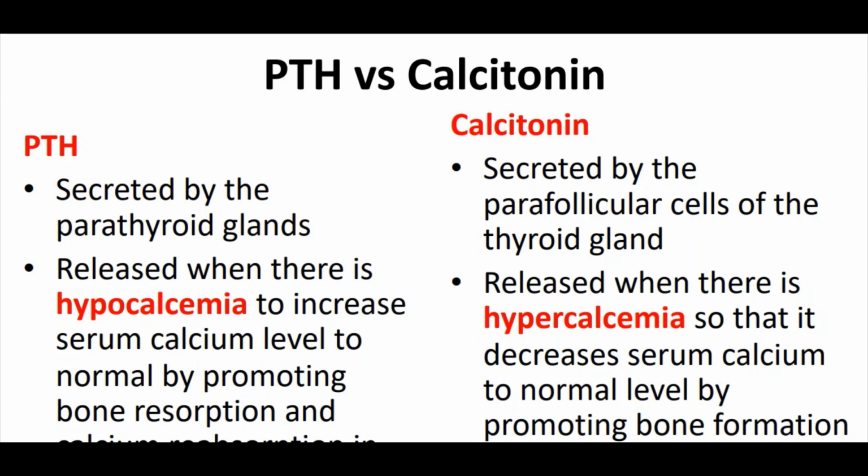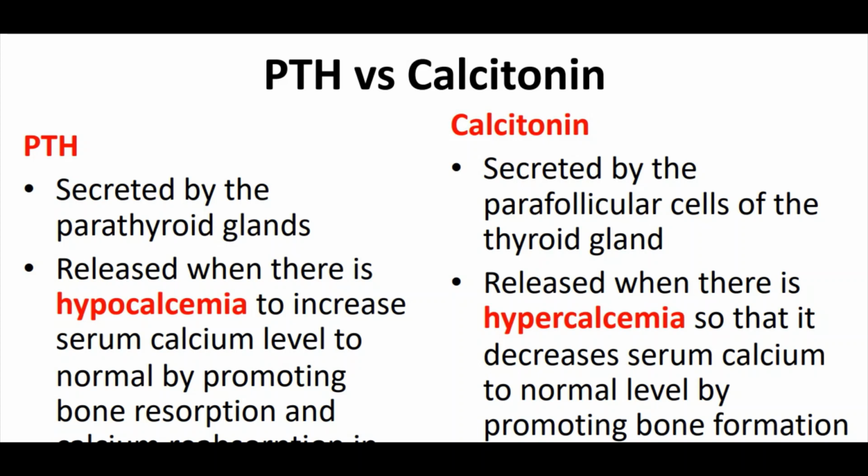So now let's look at the differences between PTH and calcitonin in bone homeostasis, in calcium homeostasis. This is very, very important for you to know. So, PTH is secreted by the parathyroid glands.